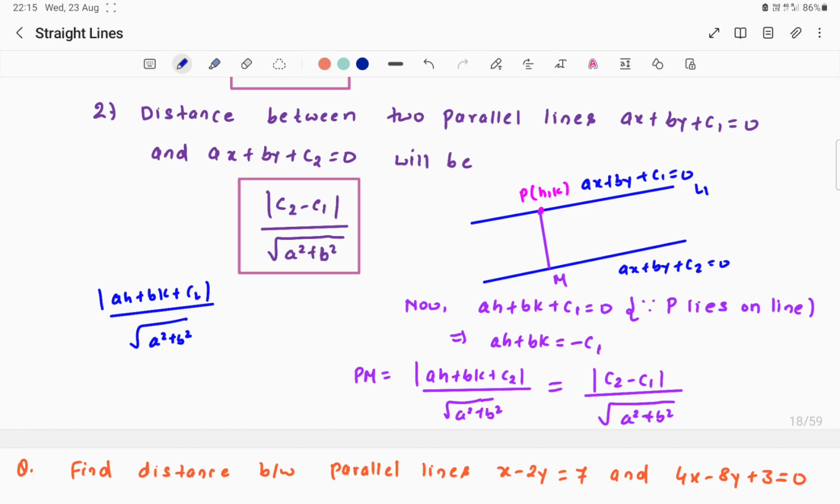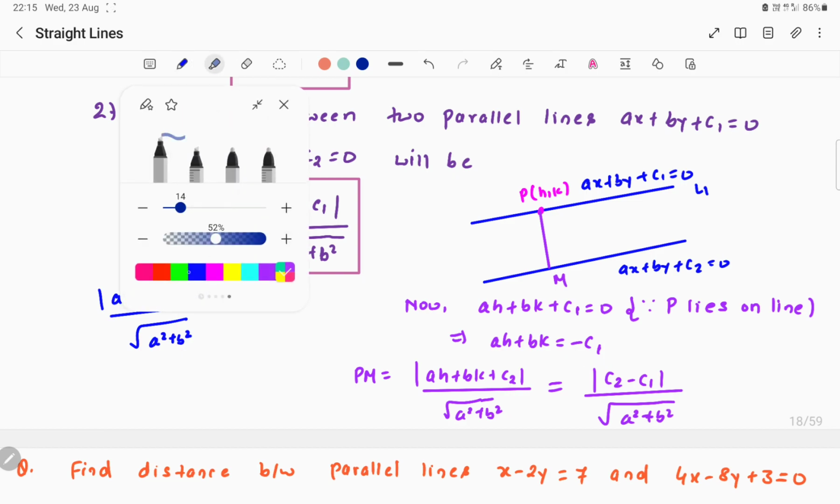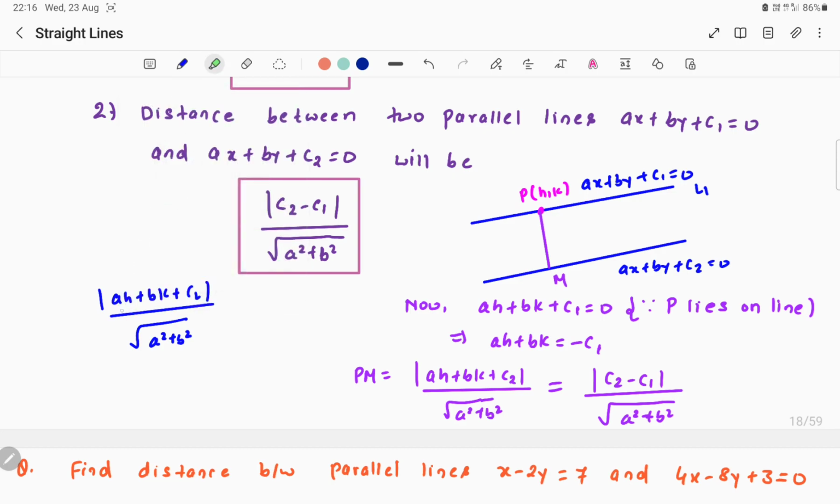Now what is ah plus bk? It is minus c1. So in this quantity, ah plus bk can be replaced with minus c1. So ultimately we got mod of c2 minus c1 divided by root under a square plus b square.